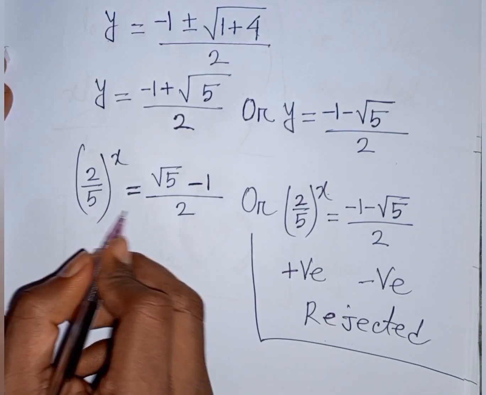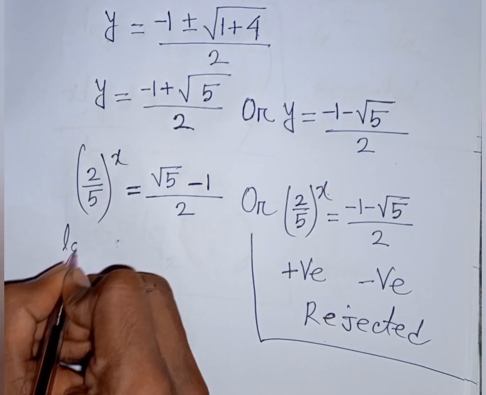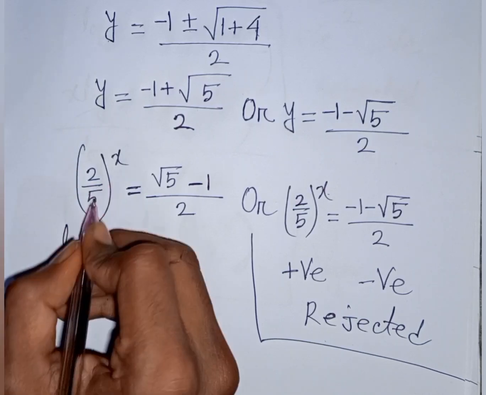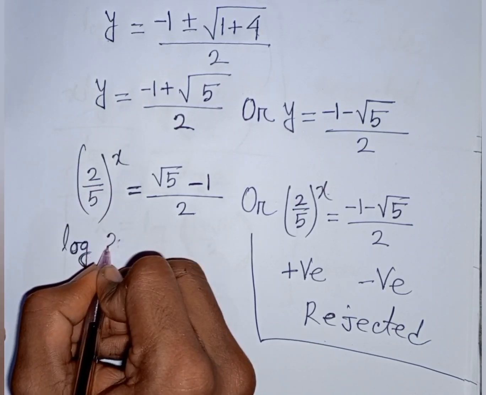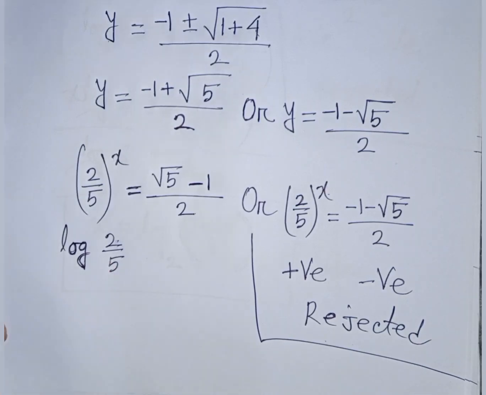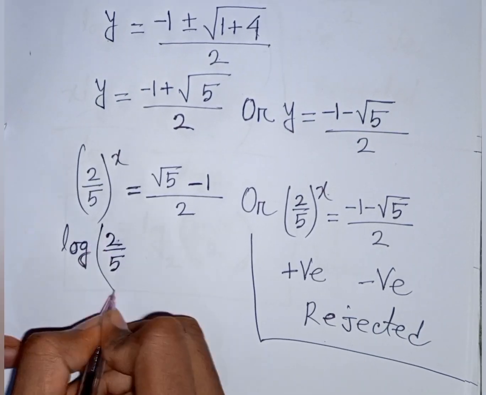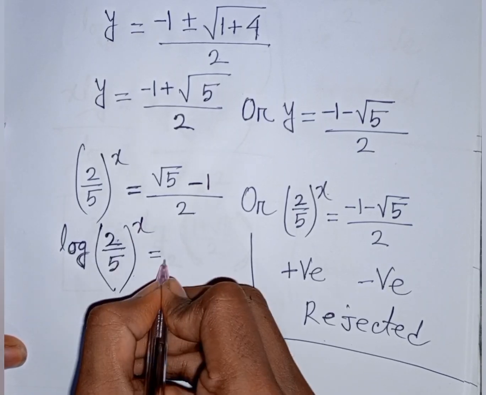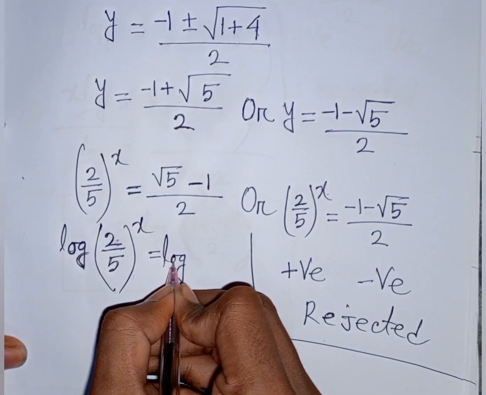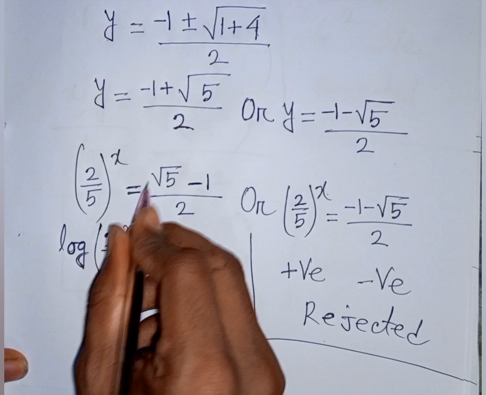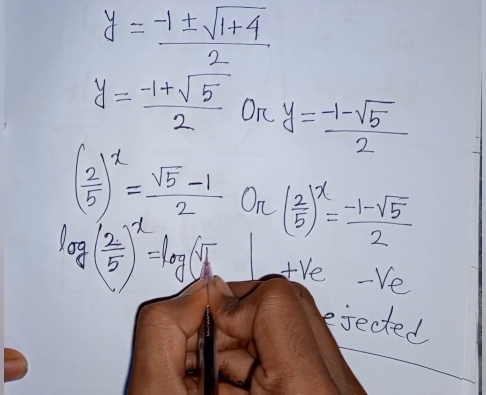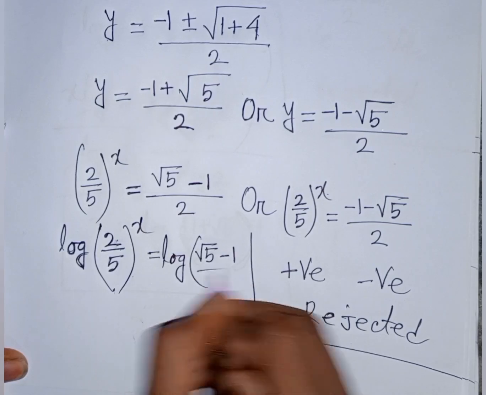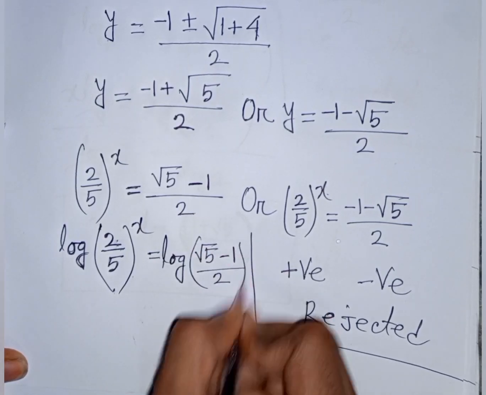Now we take log on both sides, so you can write here log of 2 by 5 bracket power x is equal to log of a square root of 5 minus 1 divided by 2.